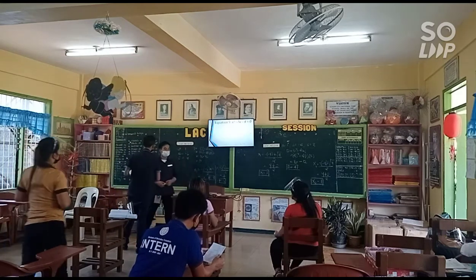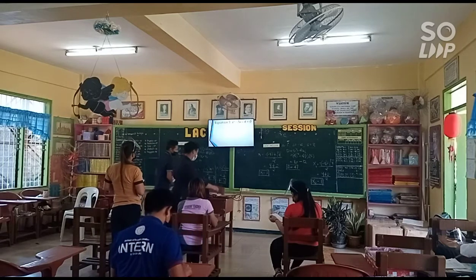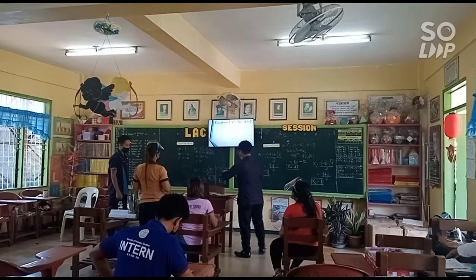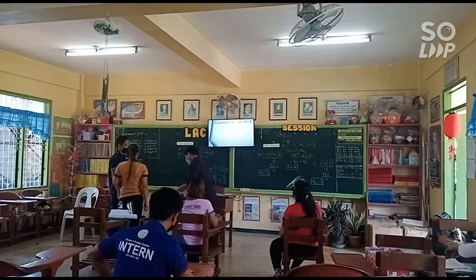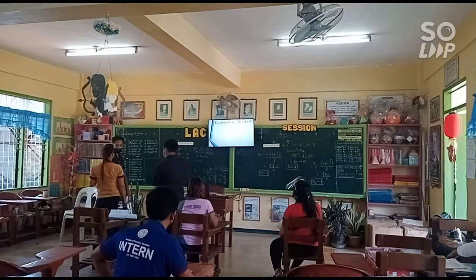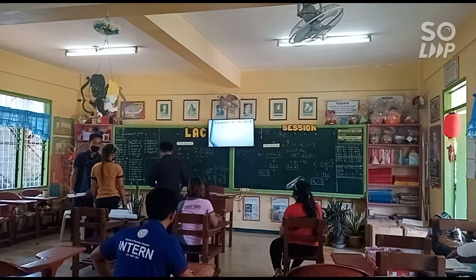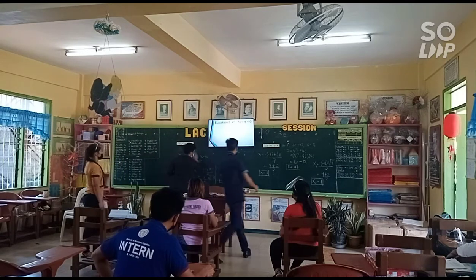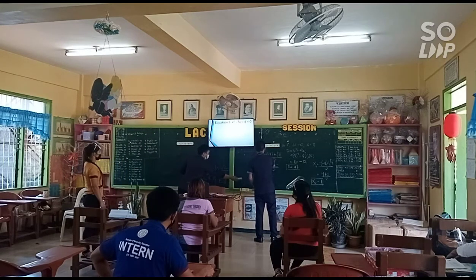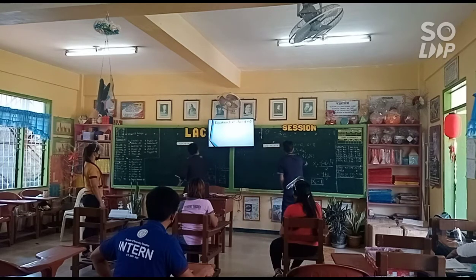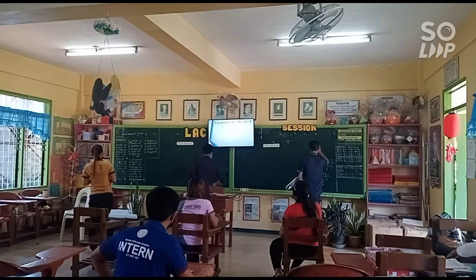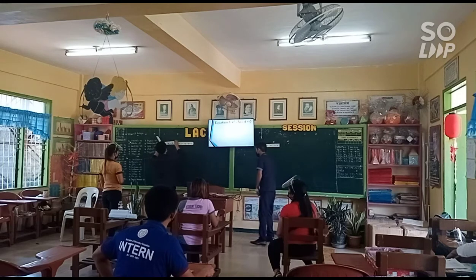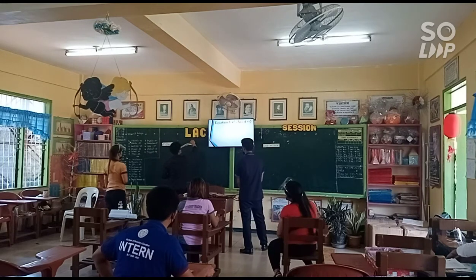So, we have the equation x squared minus 7x minus 4. Okay, Mr. Delpa.